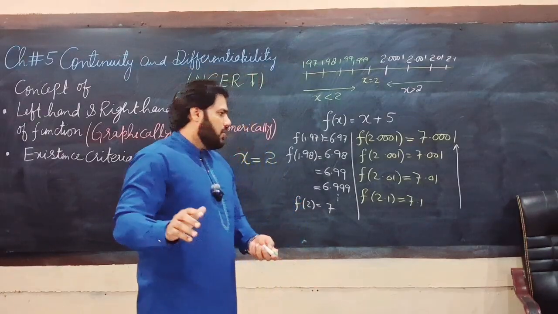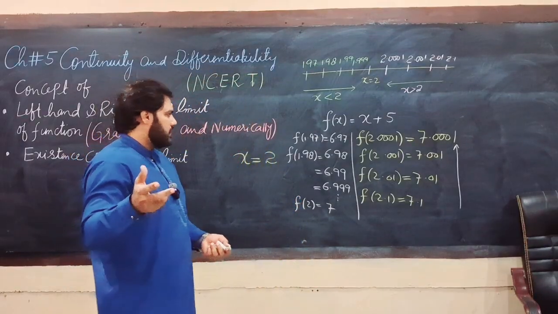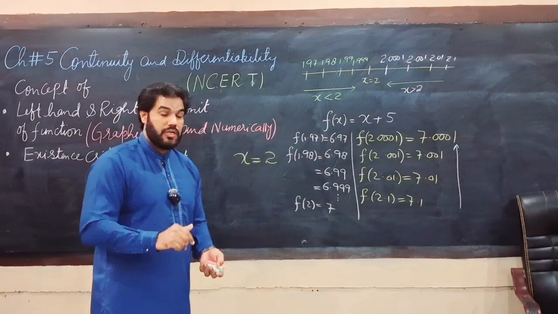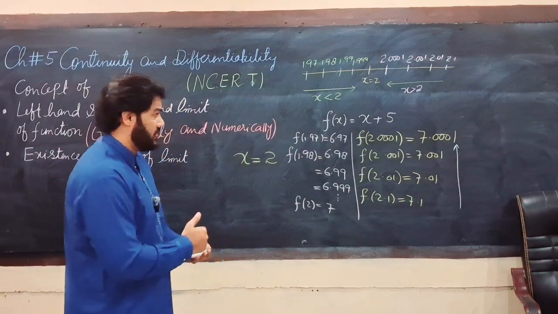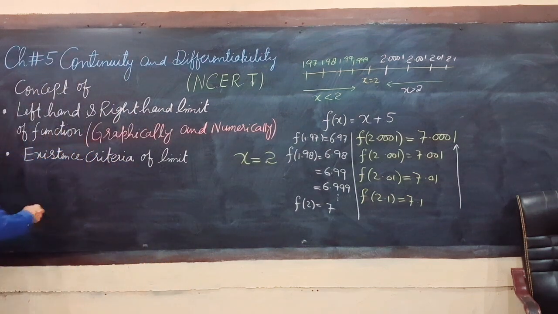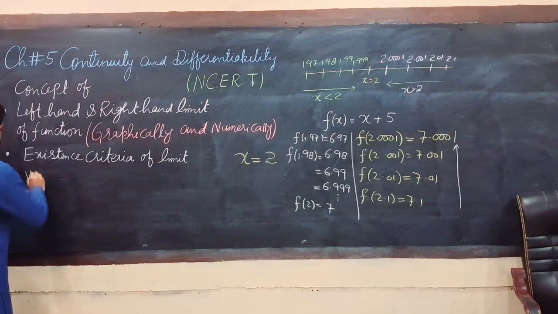So actually what is the left hand limit and right hand limit of the function, and how can I define it in this particular example?